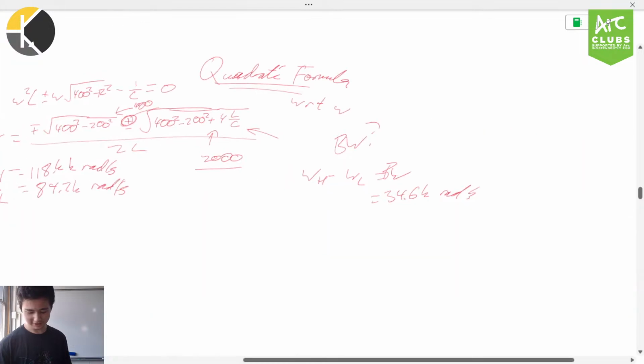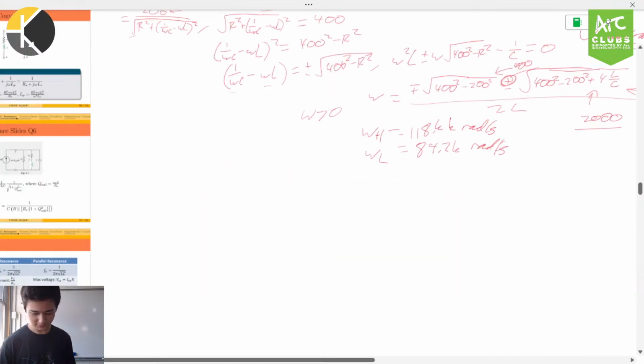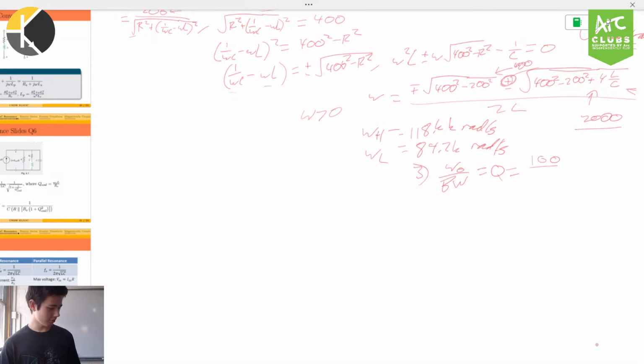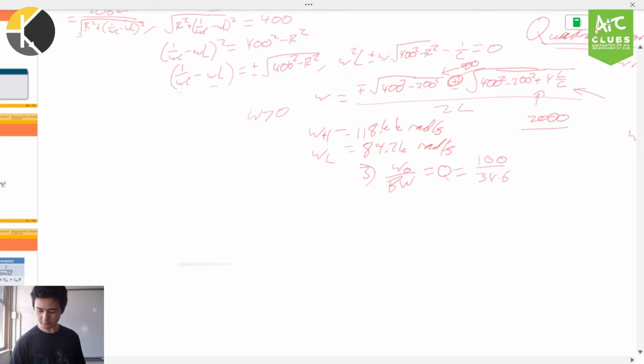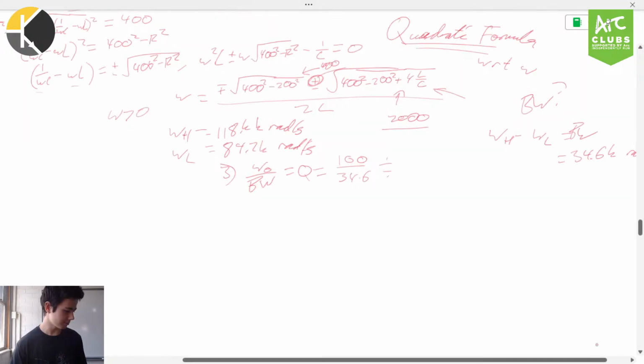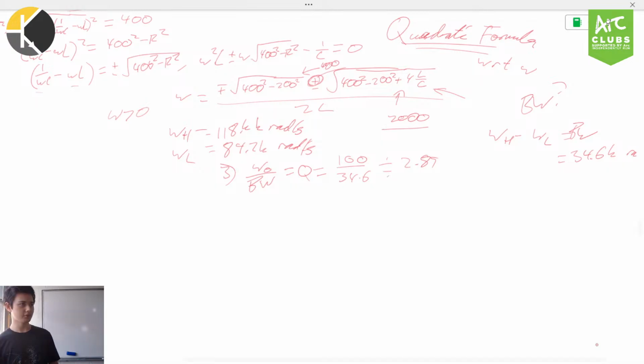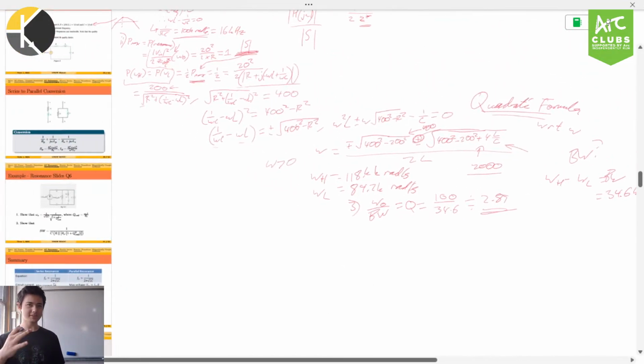We do omega 0 on bandwidth equals quality factor equals 100 on 34.6, what was it? It was, and this is about 2.89. If we did that series Q factor, we would get something like 5, which is a fair bit off of 2.89. So it's a bit of an estimate.